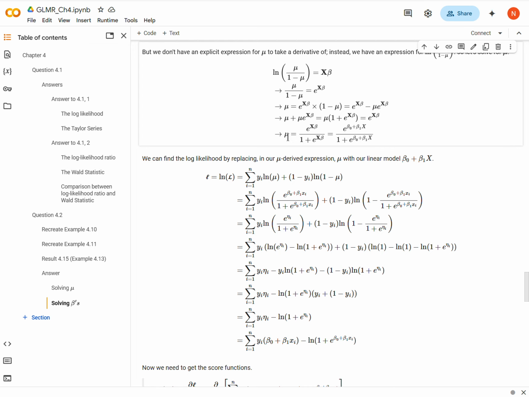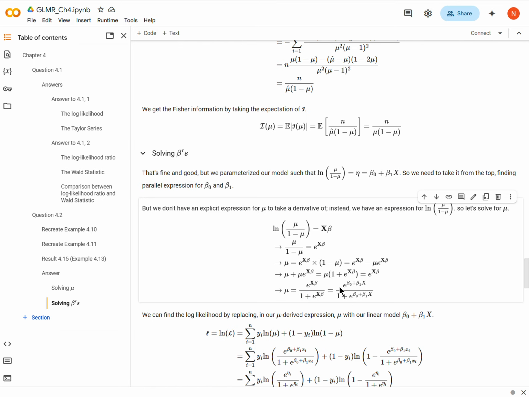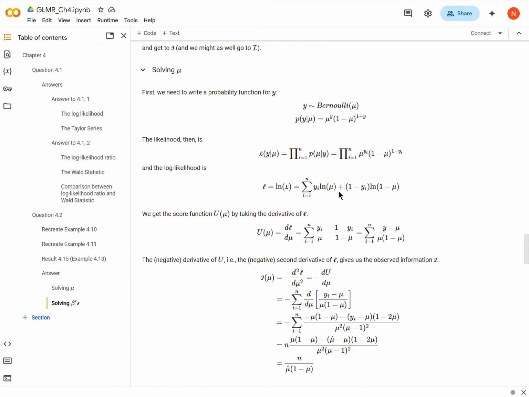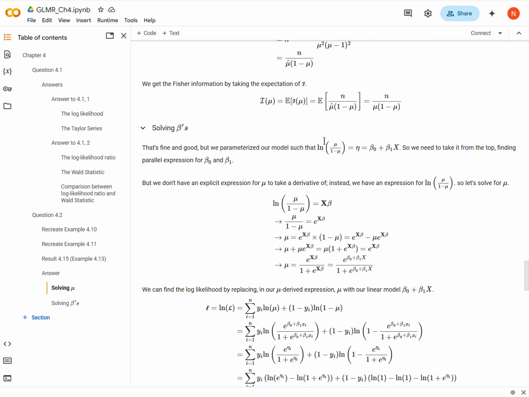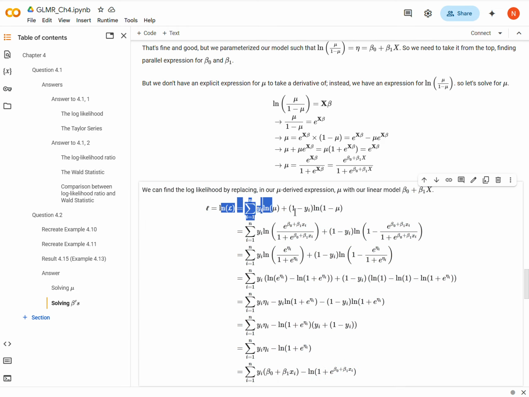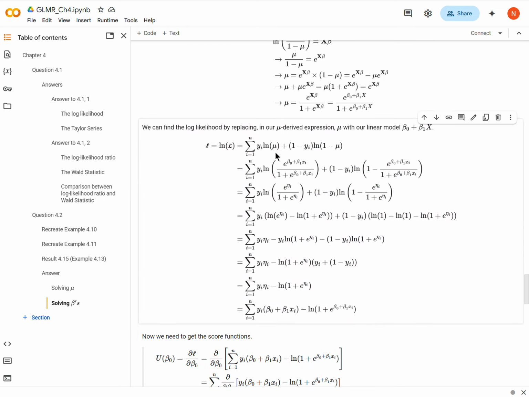Now that we have mu, we can just plug our expression for mu into what we did earlier in the simplified version. So here's our log likelihood in terms of mu, and now we're just substituting our expression for mu in there. I'm also simplifying it even further by using the eta function, just to cut down on my typing and make it a little bit more legible.